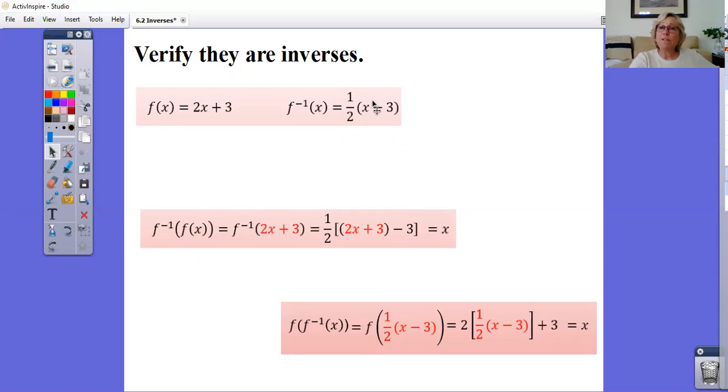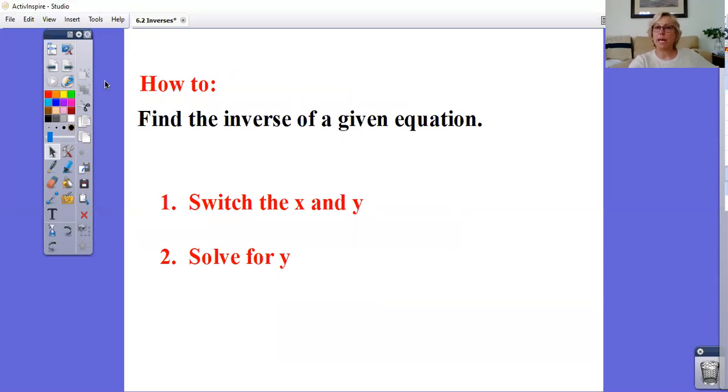I can take the inverse and plug it into this x. If I do that down here, I'll have the 2, then the inverse, and then the plus 3. Distribute the 2, and you're going to have the 2 and the 1/2 cancel out. The negative 3 and the positive 3 cancel out. So the composition of two inverses is x.